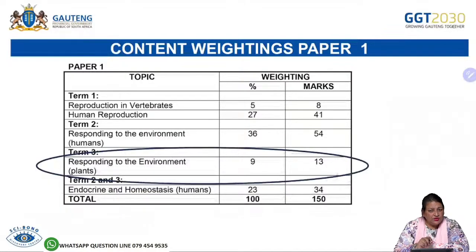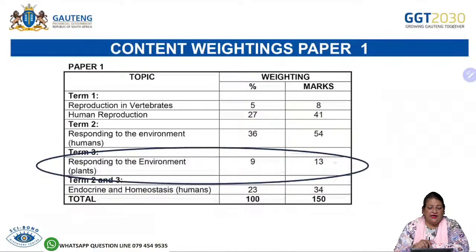So it's a very short section, and if you study it very well, already you'll have 9% in your pocket, and that's a high percentage. So learners, make sure you take at least one day and you master everything relating to plant hormones.